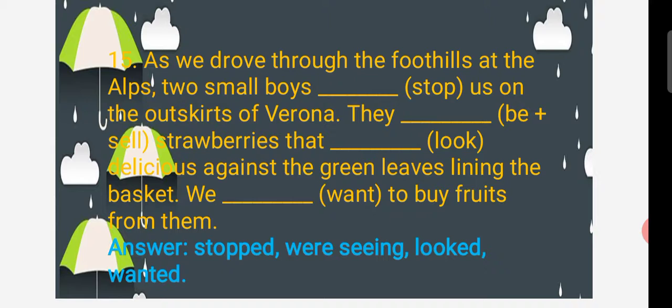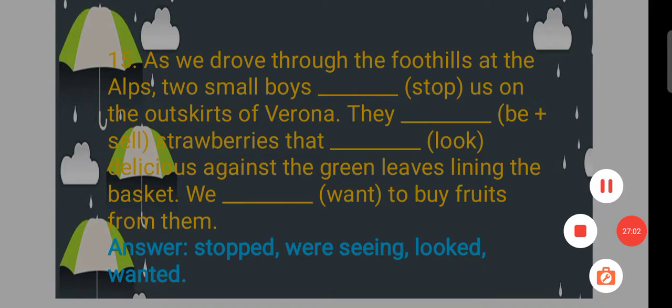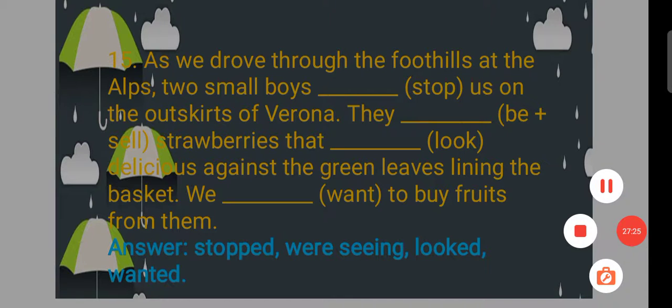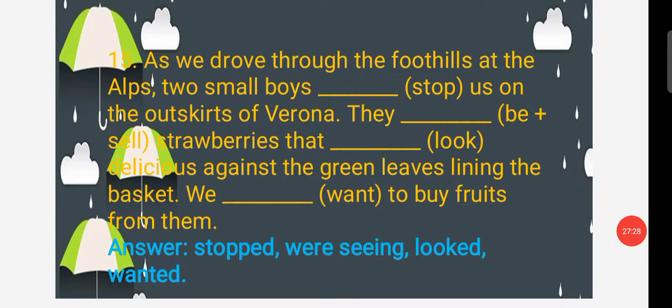So they were selling strawberries that look, past tense is looked. They looked delicious against the green leaves lining the basket. We want, past tense is wanted, wanted to buy fruits from them. So, as we drove through the foothills of the Alps, two small boys stopped us on the outskirts of Verona. They were selling strawberries that looked delicious against the green leaves lining the basket. We wanted to buy fruits from them.